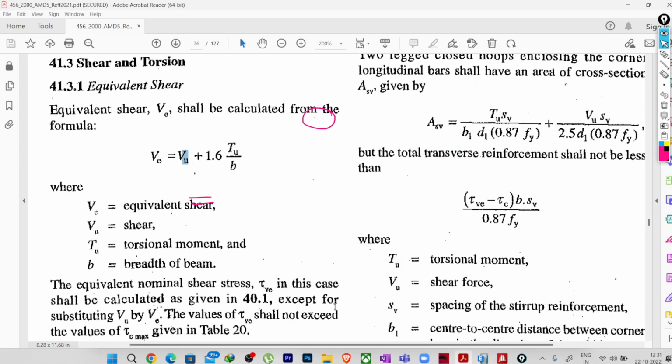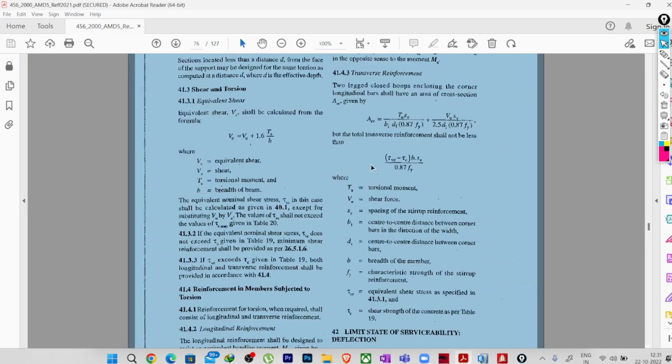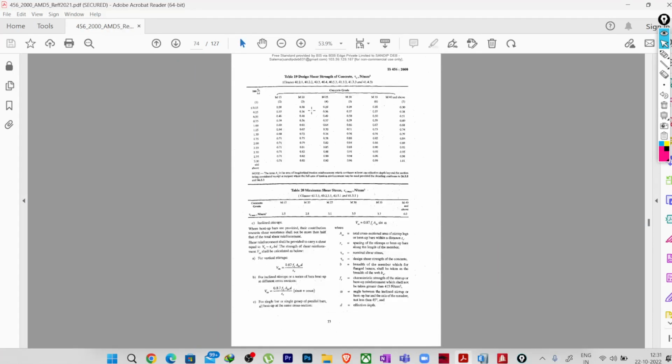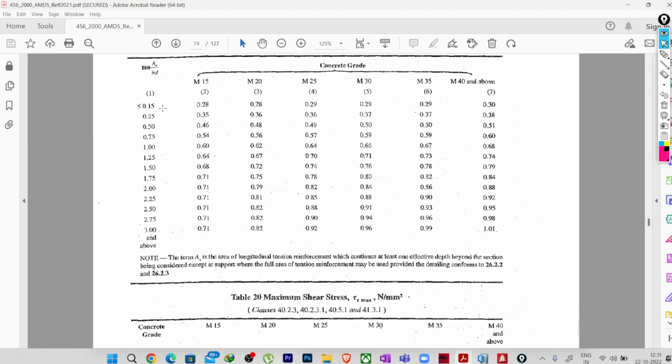If I go to IS 456 and table number 19, here you can see the percentage of reinforcement 0.2. So 0.2 is in between 0.15 and 0.25, and for M25 grade of concrete, by doing linear interpolation, you will find that the tau C value you are getting is 0.33. Right? Linear interpolation you can do.